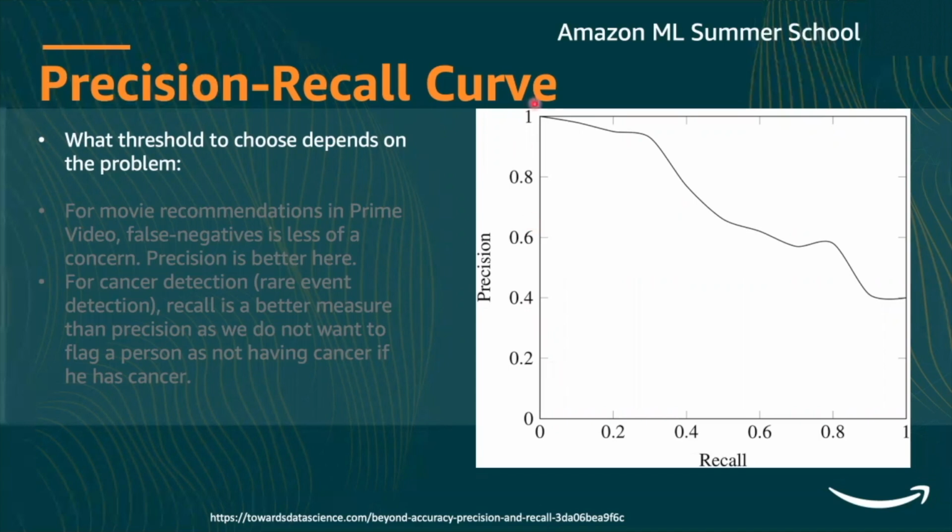On the right hand side, you'll see a precision recall curve. On the y-axis, you have precision. On the x-axis, you have recall. And this plot is basically you select different thresholds, and for that threshold, you compute precision and recall, let's say for thresholds of 0.9, 0.8, 0.7, 0.6, 0.5, 0.4, 0.3, 0.2, 0.1, and 0, right? And you get a curve.